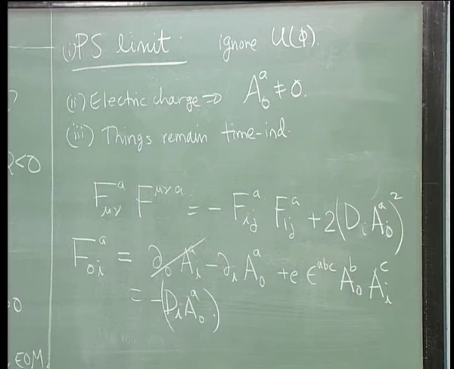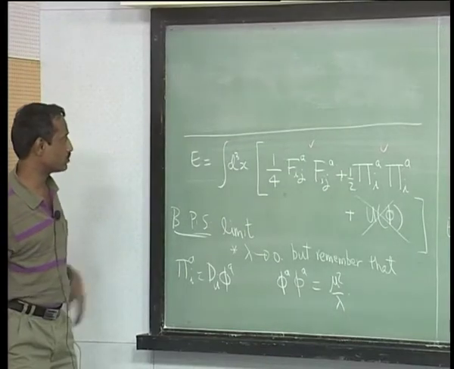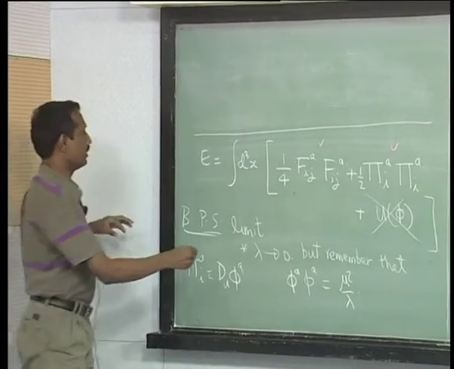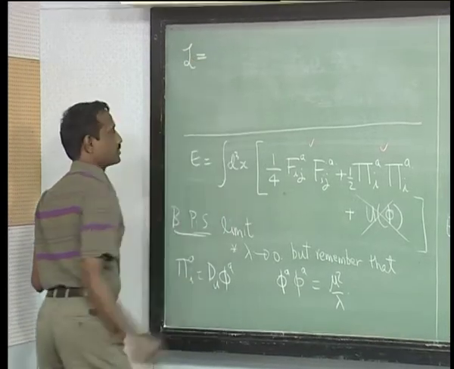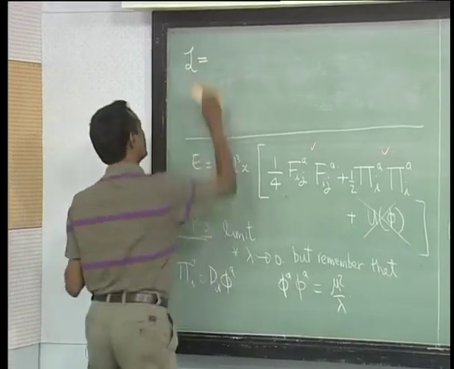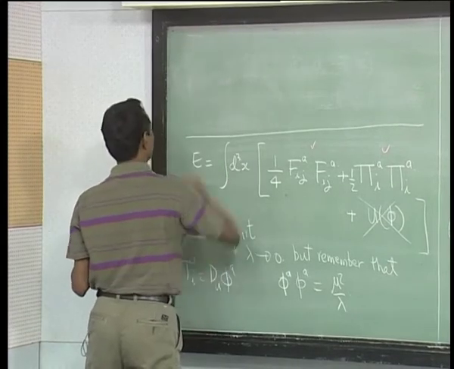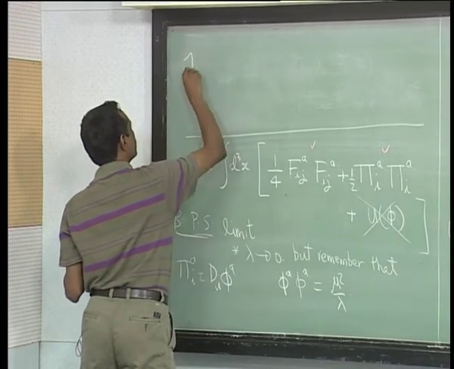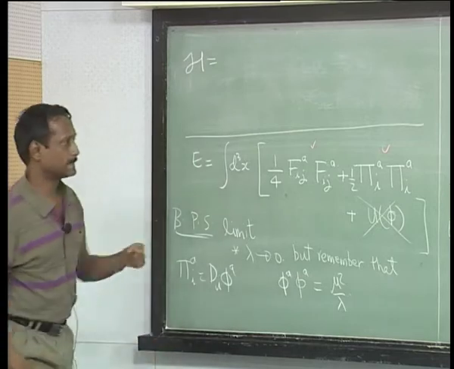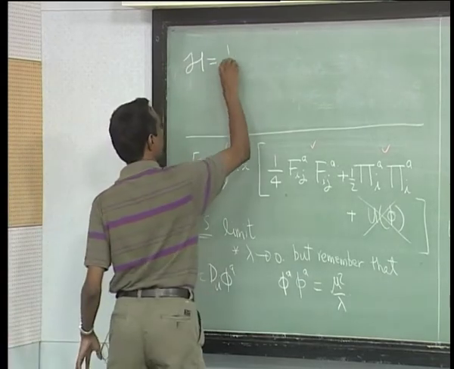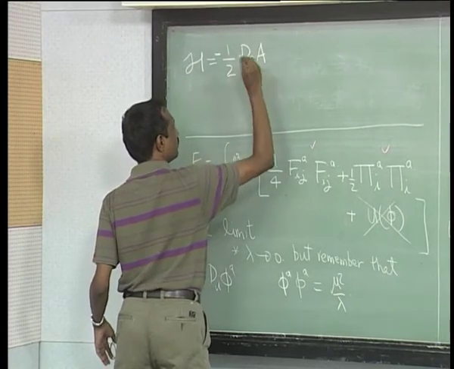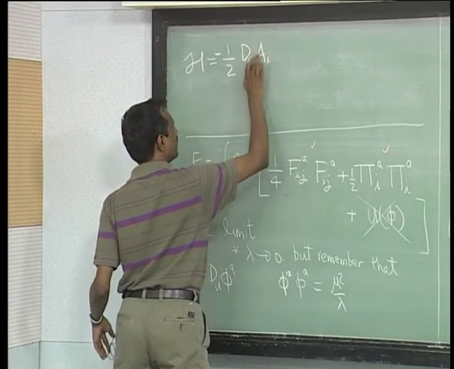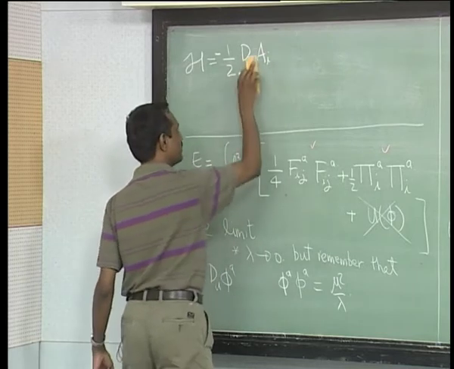I could look at the Lagrangian or the Hamiltonian density. Let us look at the Hamiltonian density. The Hamiltonian density will look like the following: half, d_i of A0^a squared.